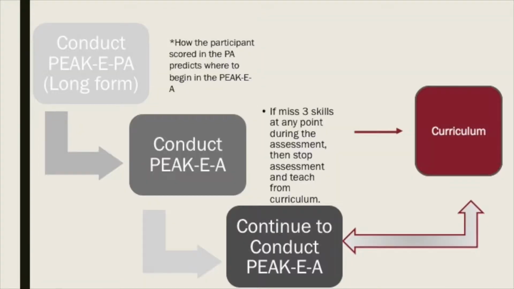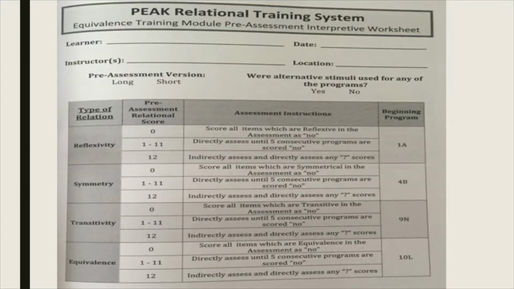As a quick walkthrough of what the procedure really looked like in the study, the first thing to do is to conduct the long form of the PEAK-E pre-assessment, and how the participants scored in the pre-assessment predicts where to begin in the PEAK-E assessment. After completing the pre-assessment, we moved on to conducting the PEAK-E equivalence assessment.